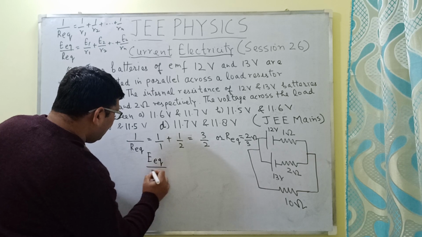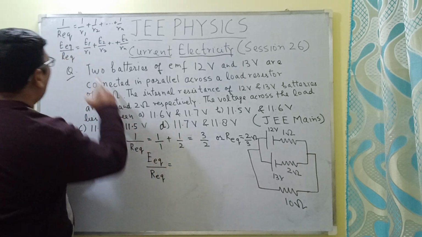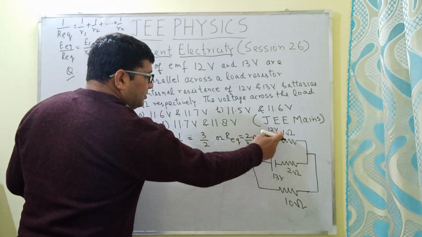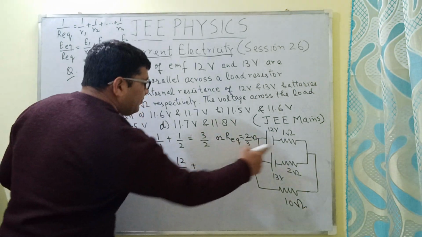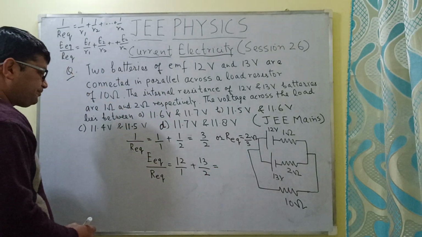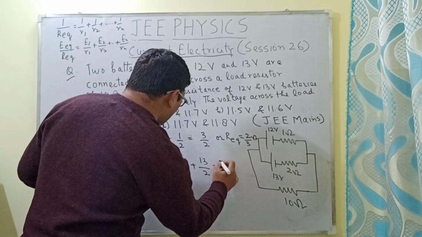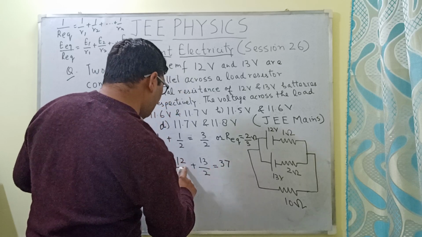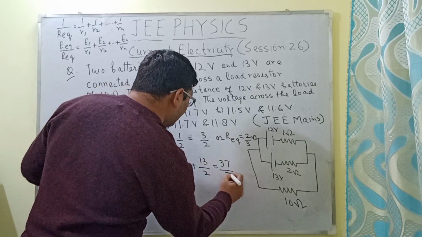Now, equivalent EMF divided by R equivalent is equal to E1 upon R1 plus E2 upon R2. So if this is E1, then 12 upon R1 will be equal to 12 by 1 plus, if this is E2, then this is 13 divided by 2. So this is equal to 24 plus 13 by 2, that is 37 divided by 2.